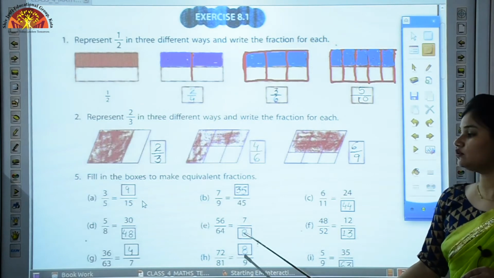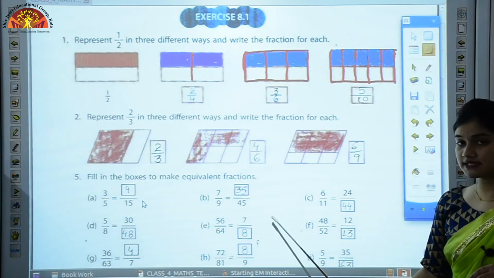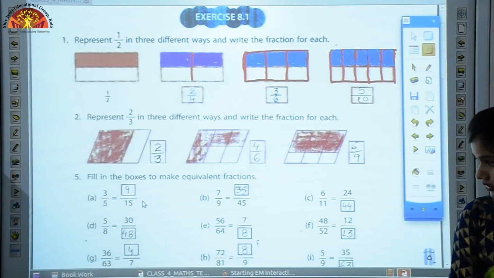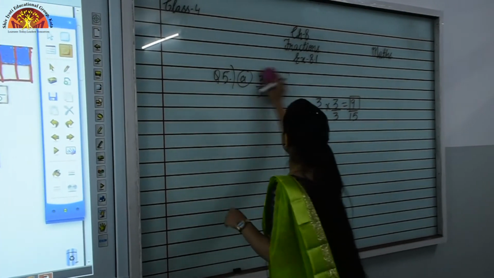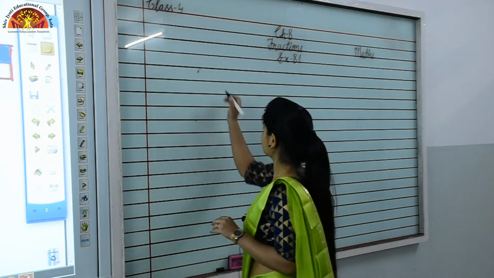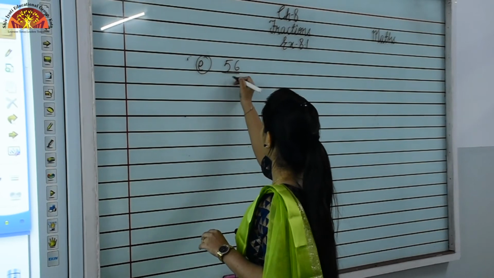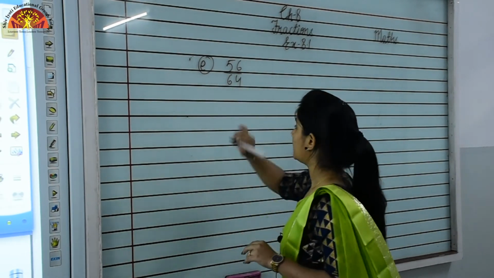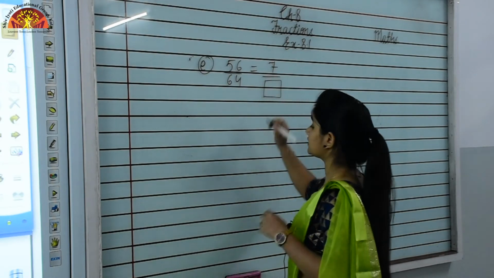In this part you are observing 56 upon 64 and the next is 7. So just look here, the E part is 56 upon 64 and the numerator is 7 and you have to find the denominator.